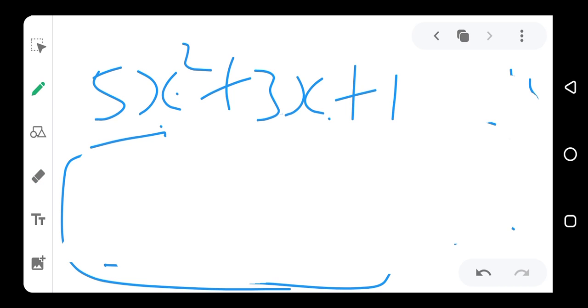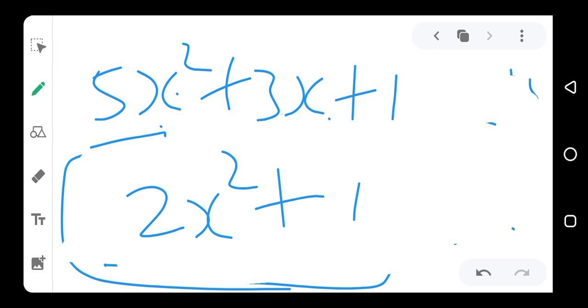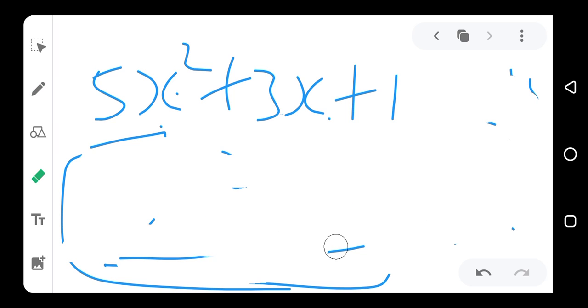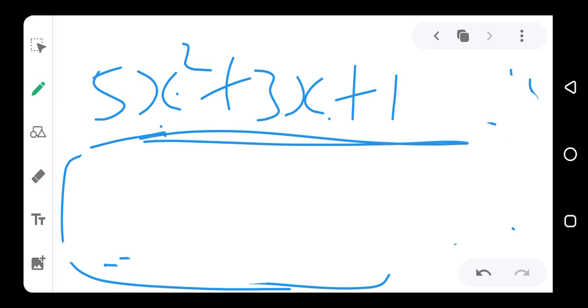The terms must not be the same, like 2x raised to power 2 plus 1. This is one term which is different from this term. So this is a binomial, and we have a trinomial which has three different terms like this one.